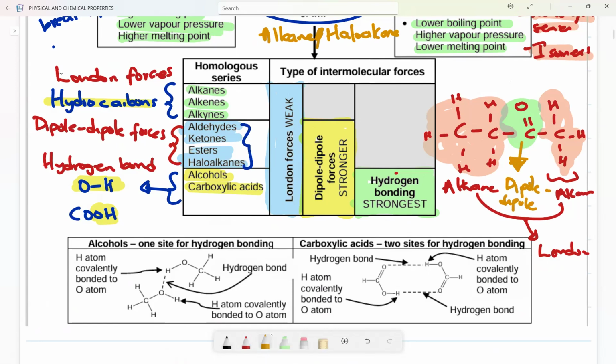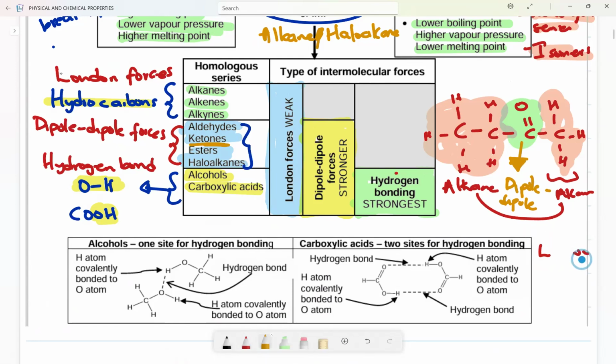So we are saying ketones have intermolecular forces that are dipole, because they are stronger than the London forces, so they hide the London forces, but the London forces are there. Hence, most of the time we'll just say ketones have dipole forces, in addition to London forces.